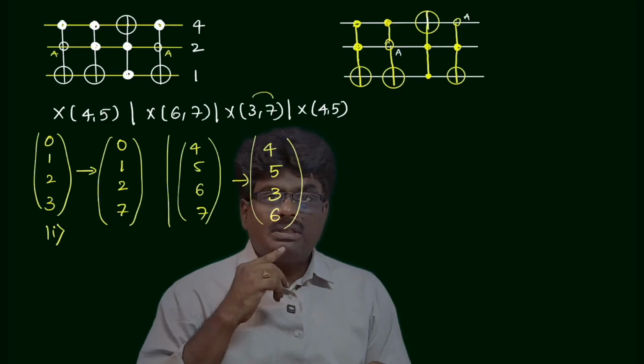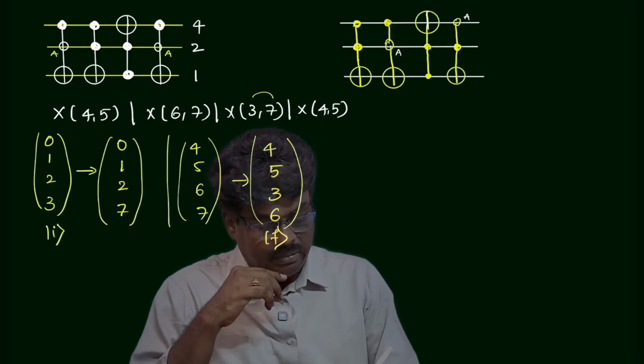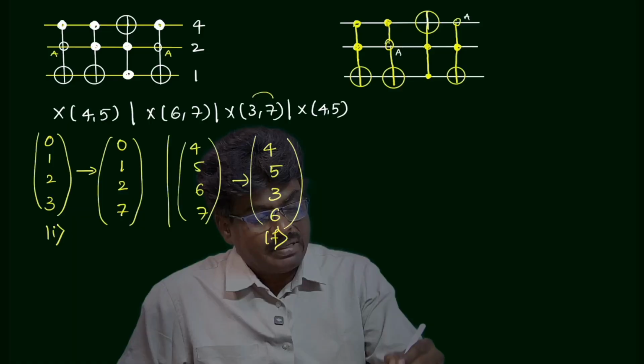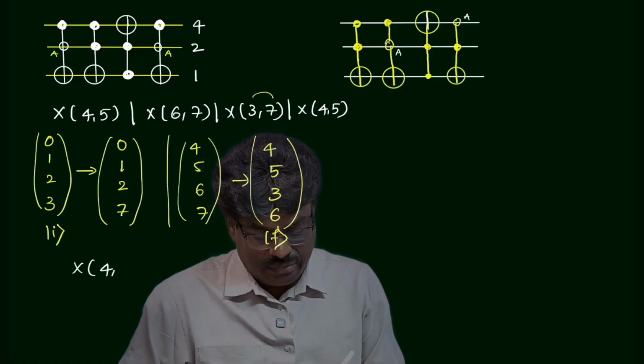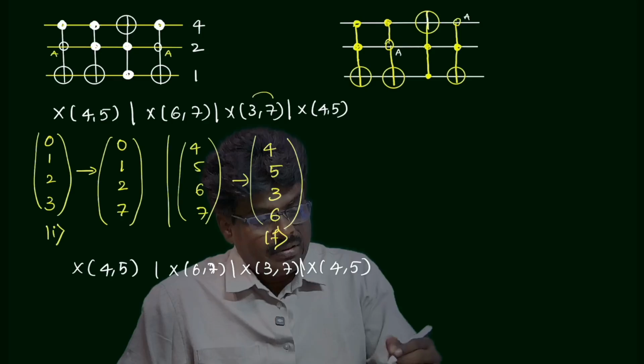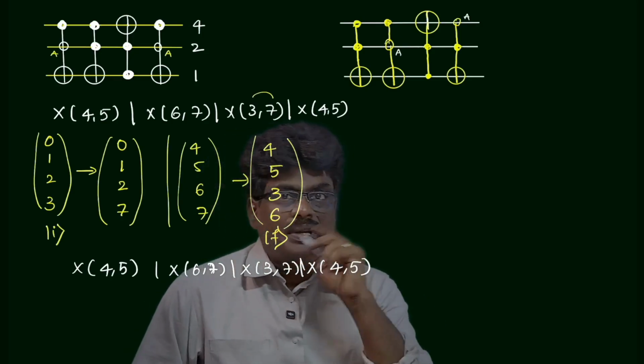So we can do this in an easy way also. Let me explain another way. So here we have written the operations. One more time let me take. That is x of 4 comma 5, x of 6 comma 7, and x of 3 comma 7, and x of 4 comma 5. So earlier I told you commutation relations.